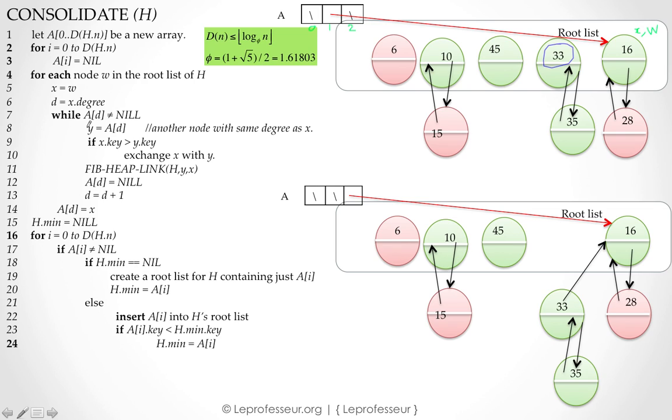We have another pointer y, where y equals A[d]. Of 33 and 16, only one will remain a root and the other will become the child of the one whose key is smaller. 33 is bigger than 16, so we make the 33 subtree a child of 16.